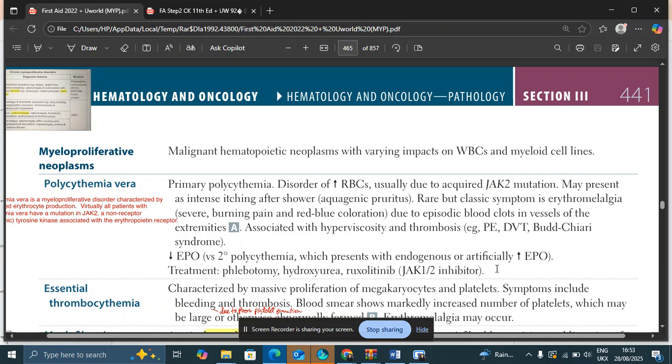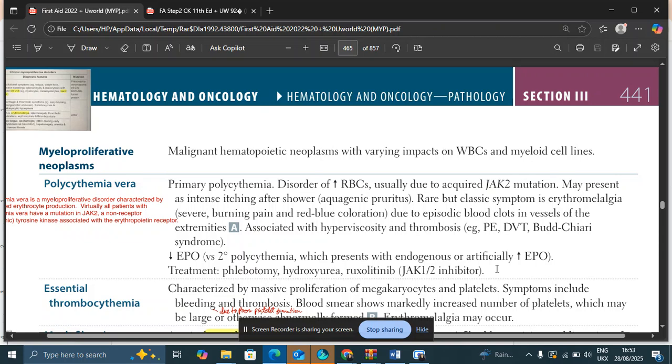And the second is excessive EPO secretion, where we have EPO producing tumors, for example, renal cell carcinoma or hepatocellular carcinoma. These two are very good examples of EPO producing tumors.